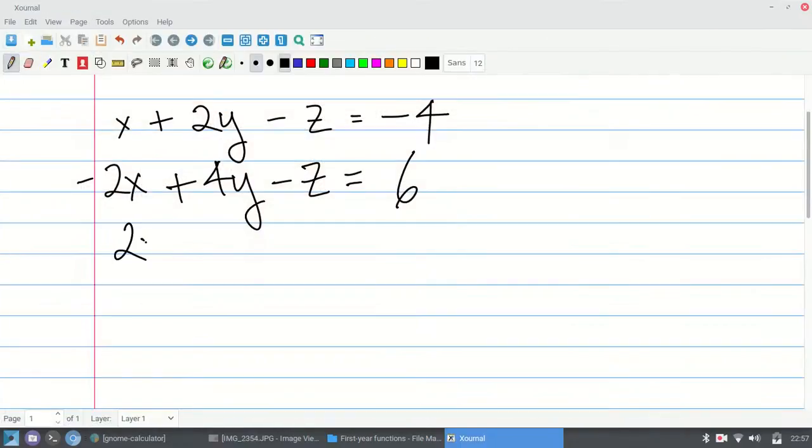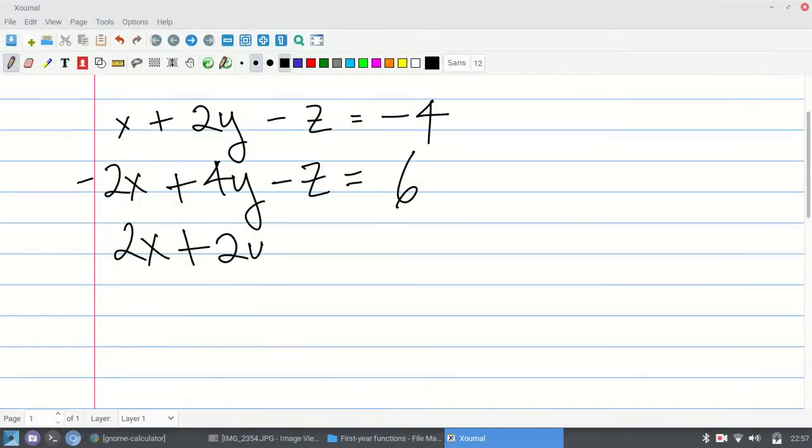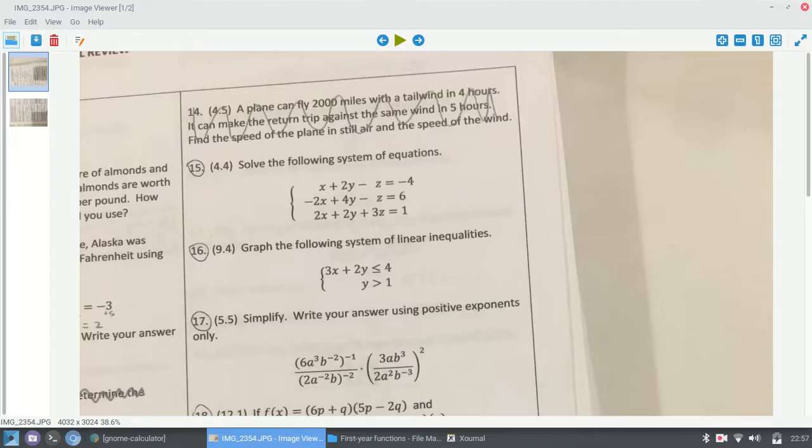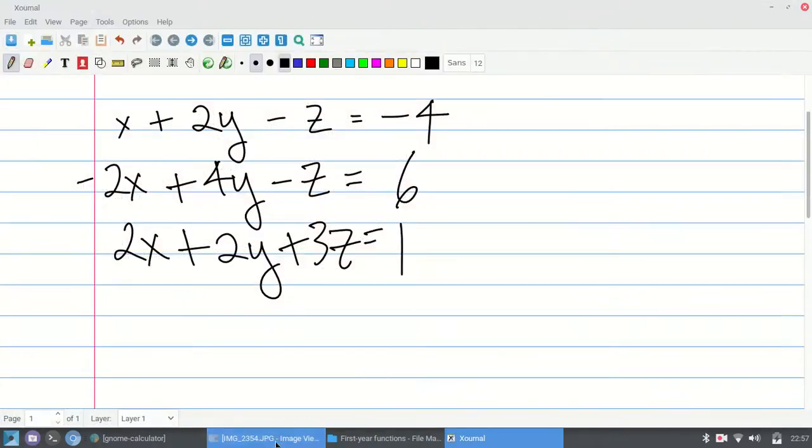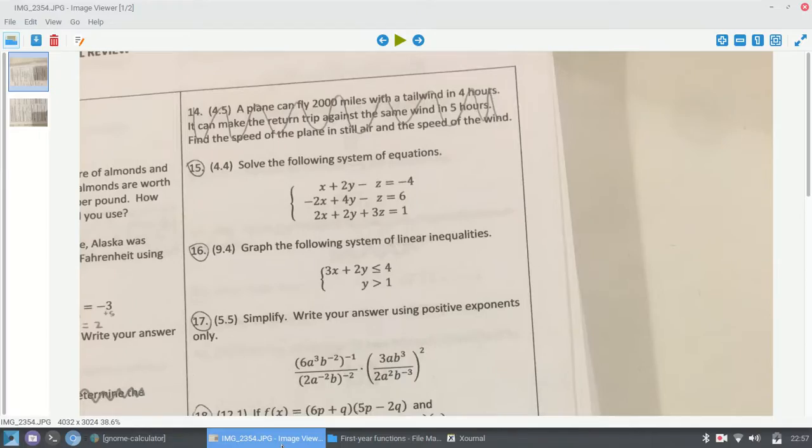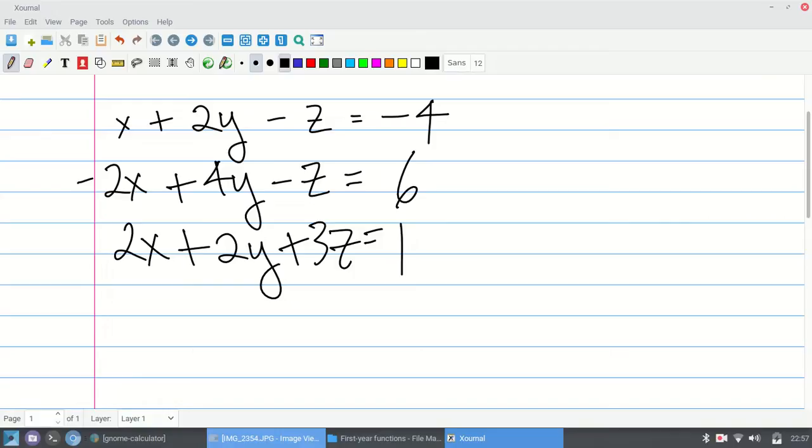And then you have 2x plus 2y plus 3z equals 1. So let me double check this. x plus 2y minus z equals negative 4. Negative 2x plus 4y minus z equals 6. And 2x plus 2y plus 3z equals 1. Great. Now, there are several ways to solve this problem.